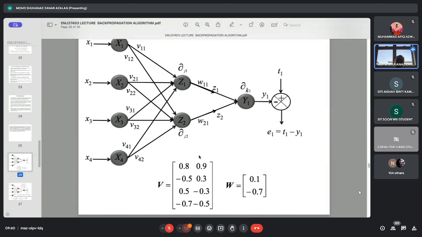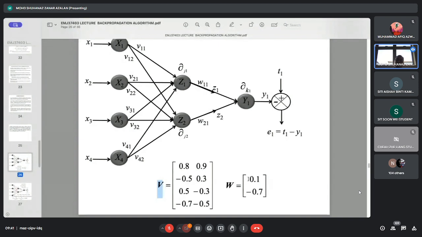So this gives the values of the weightage for V, and then the weightage between the hidden layer and the output layer we call W. So W11 and W21.